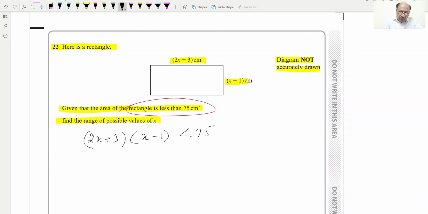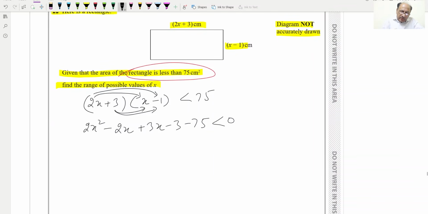So we can multiply: 2x multiplied by x will be 2x squared, then 2x multiplied by minus 1 will be minus 2x, then 3 multiplied by x will be plus 3x, and 3 multiplied by minus 1 will be minus 3 is less than 75, or even we can shift 75 to this side, so minus 75 is less than 0. Next, we can add the like terms, so 2x squared plus x minus 78 is less than 0.